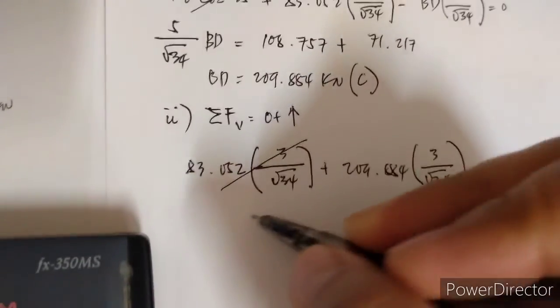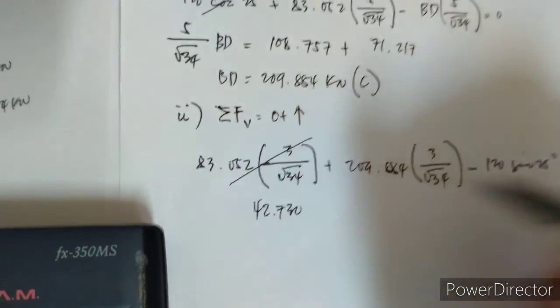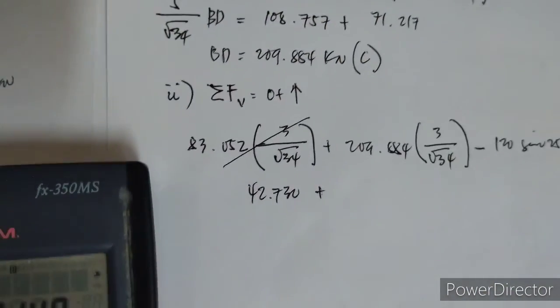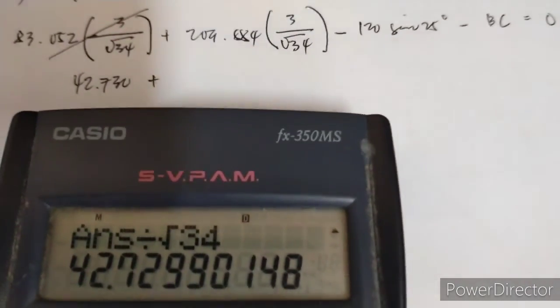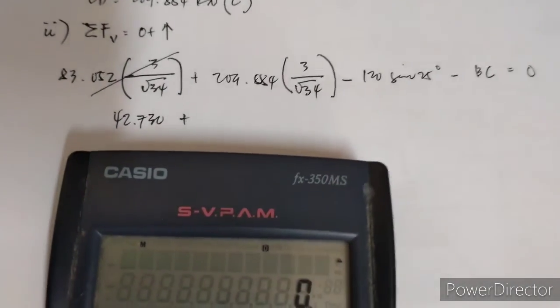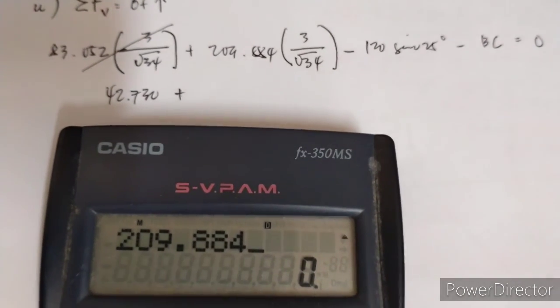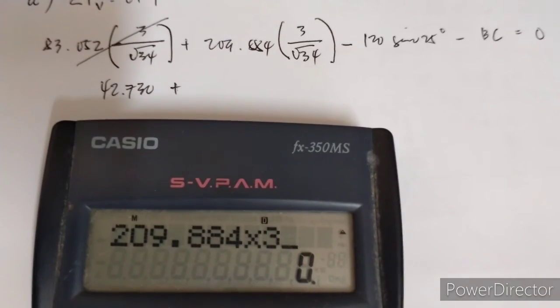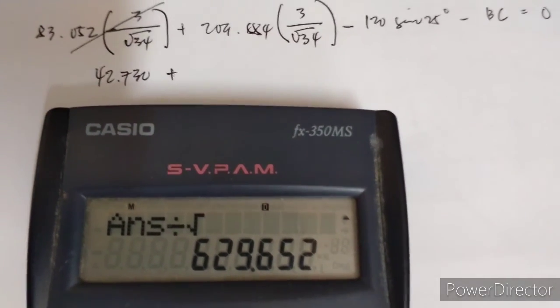So this is 42.73, plus this one, 209.884 times 3 divided by square root of 34.